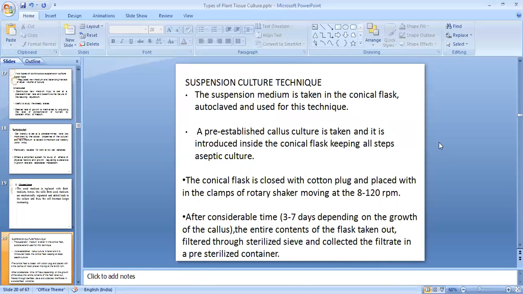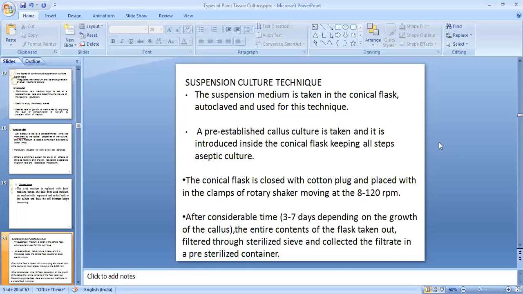And how is this suspension culture technique done? The suspension medium is taken in a conical flask and autoclaved, and the sterile medium should be used for the technique.